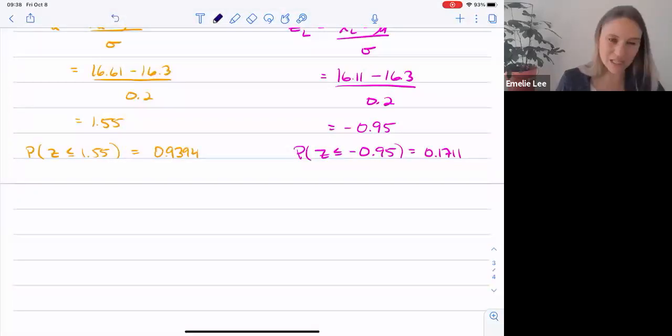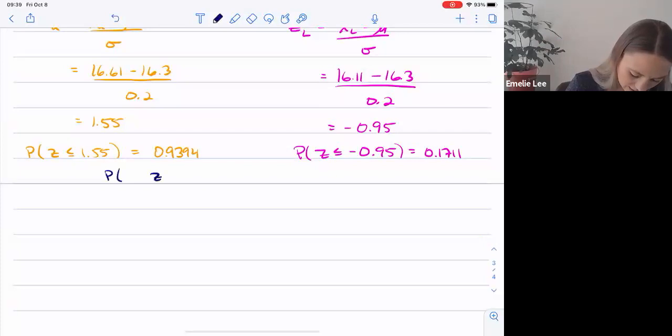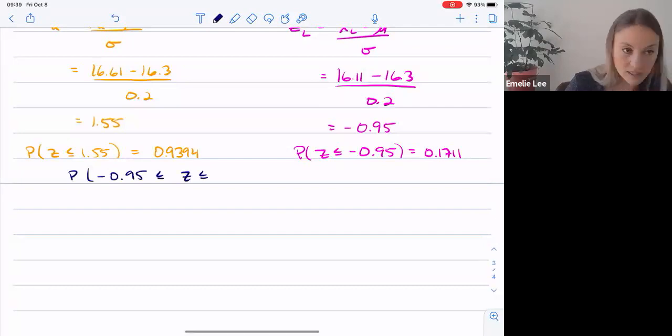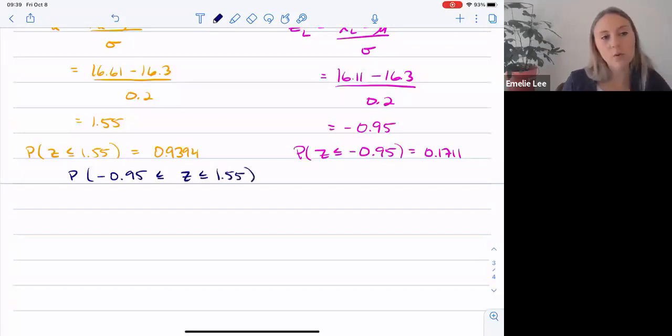So to keep it on the same page here, now I'm going to combine the two, right? The probability that negative 0.95 is less than or equal to Z is less than or equal to 1.55, because that's what we want, right?